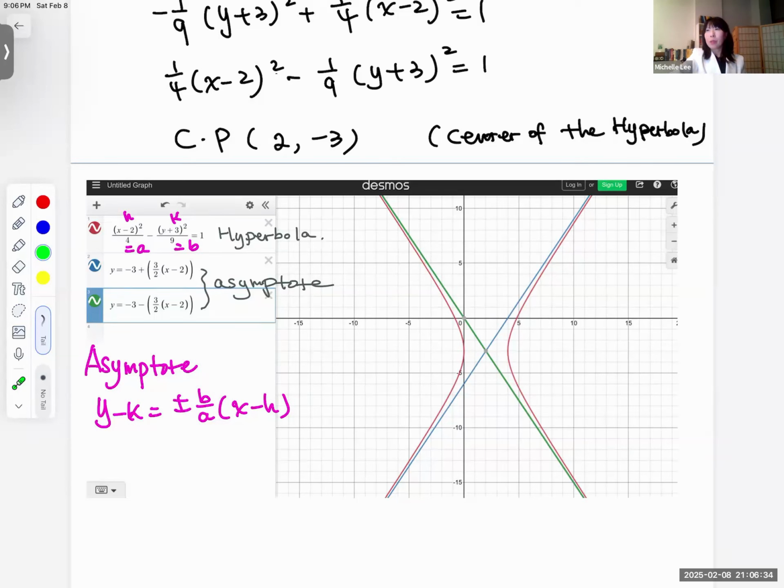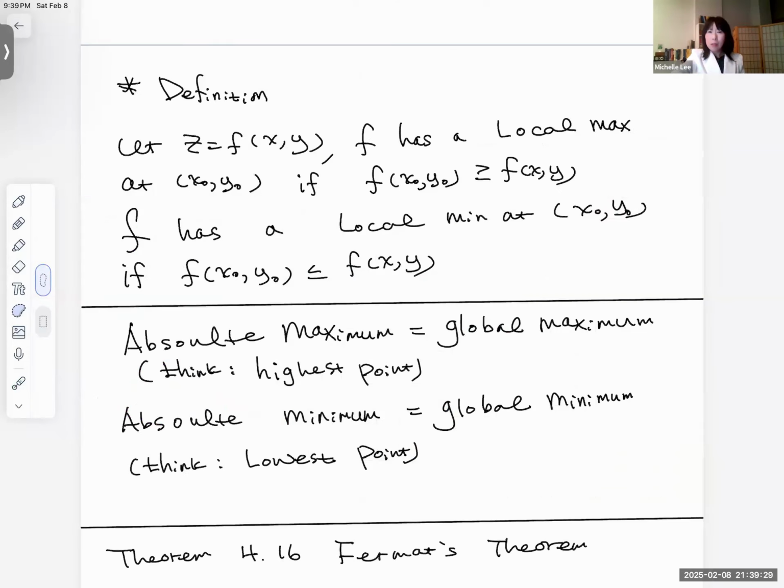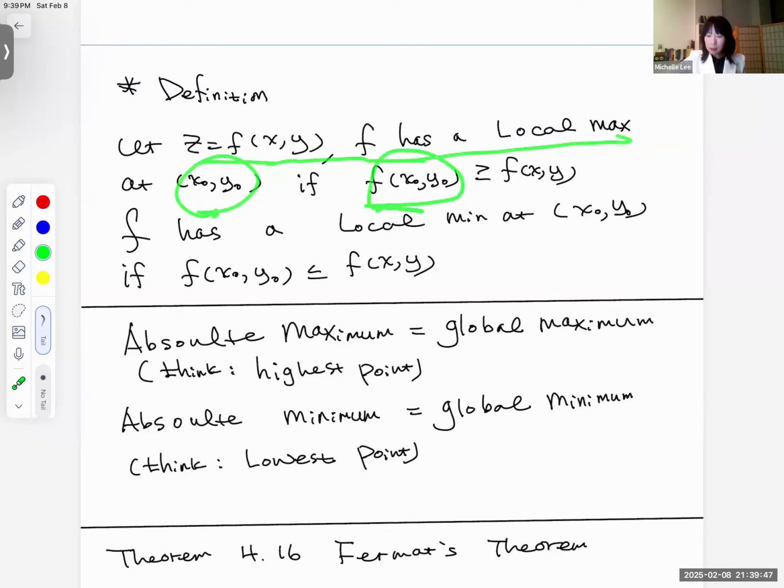Let's talk about the local maximum and local minimum. Okay, now we have a lot of definitions. Let's take a look. We have a function, and the function has a local maximum at this point, x naught, y naught. Then the function value at this one is bigger than the others, right?